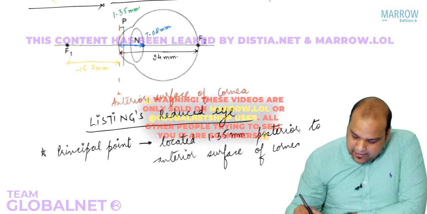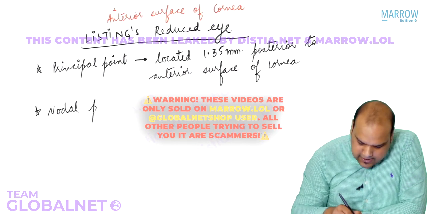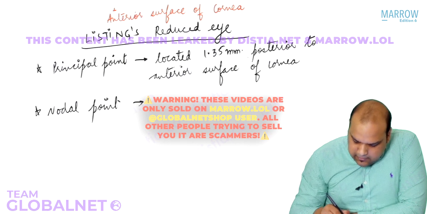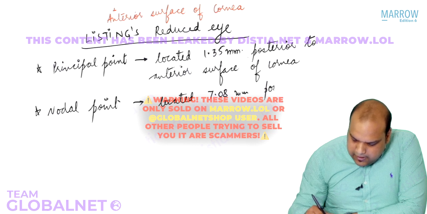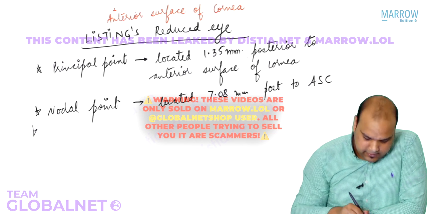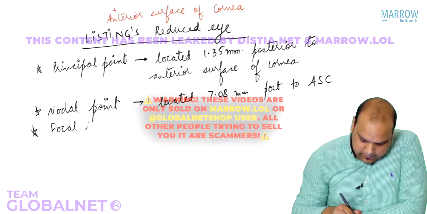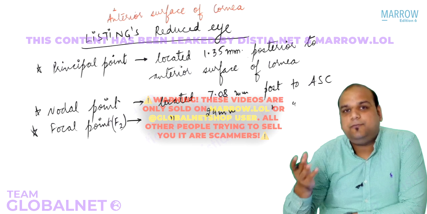Am I clear? Similarly, if I ask you where is nodal point of eye situated? Nodal point is located 7.08 mm posterior to anterior surface of cornea. Then where is the focal point, everybody? F2, if I am talking about, is located 24 mm posterior to anterior surface of cornea.